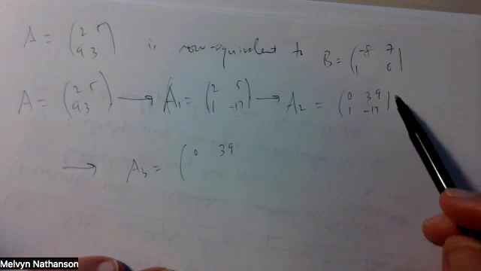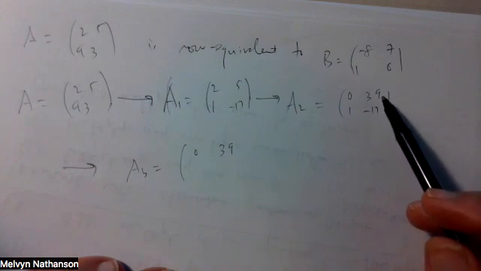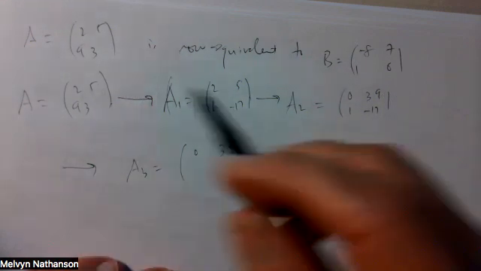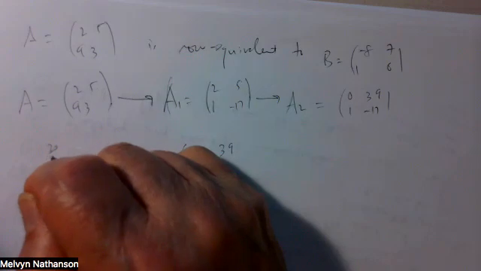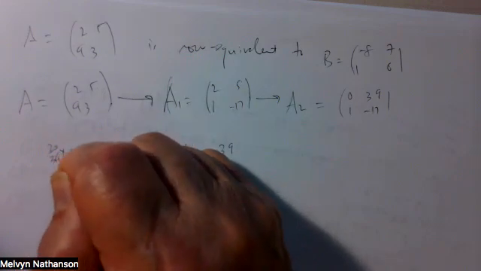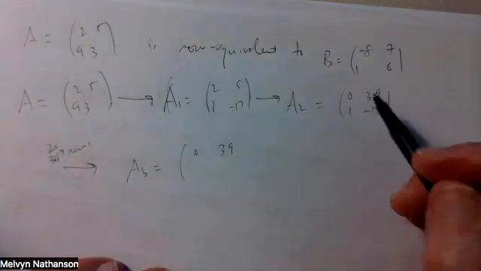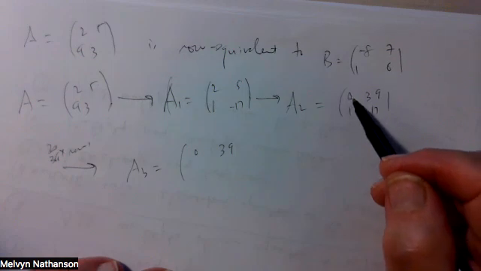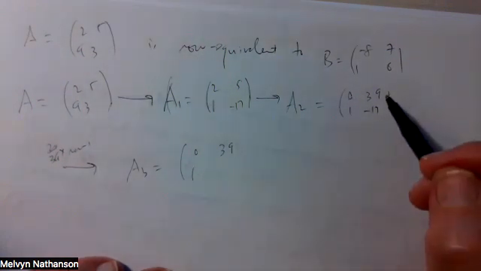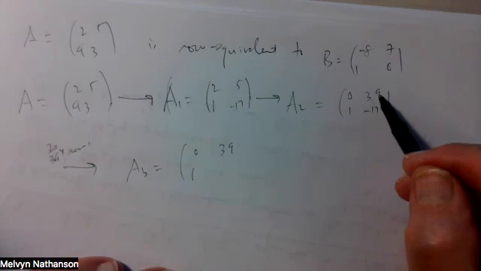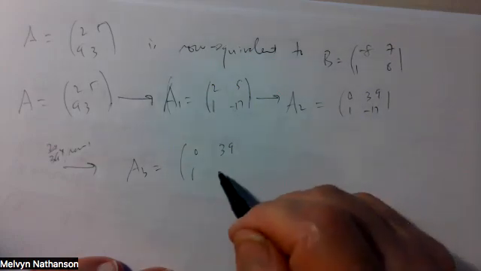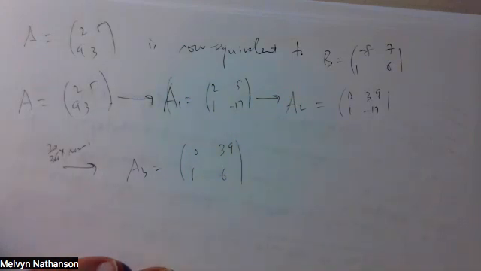And for whatever reason, I'm going to multiply 23 over 39 times the first row. So if I multiply the first row by anything, I get 0, and adding it to 1 is still 1. 23 over 39 times 39 is 23. 23 minus 17 is 6. So I get this.